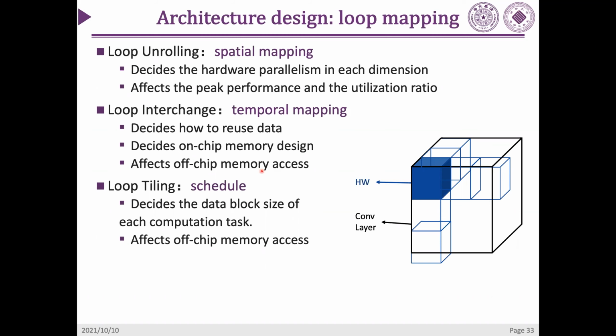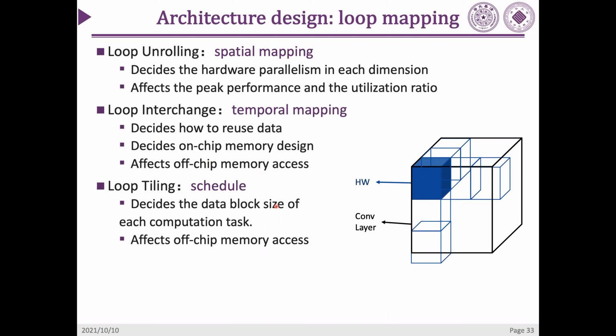So if you move 32-bit data from the off-chip DRAM into your chip, you may cost 1,000 times the energy of the 32-bit multiplier. So if you can reduce the off-chip memory access, you will save a lot of energy.